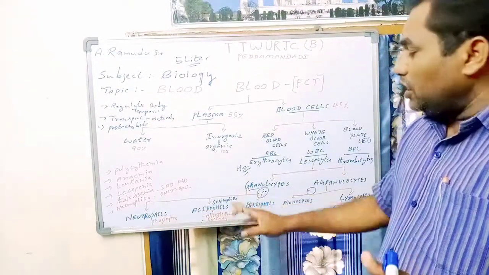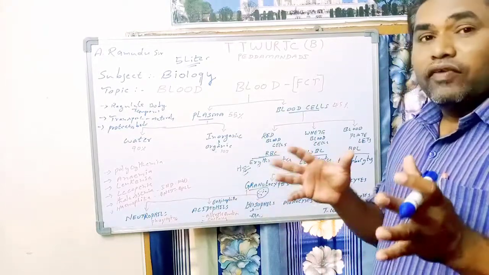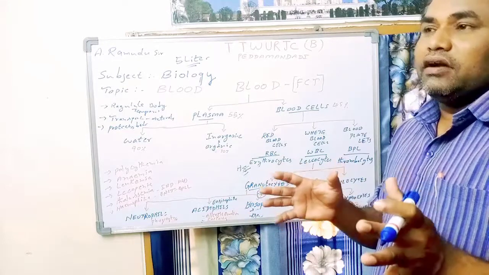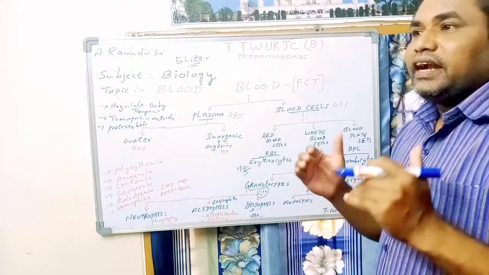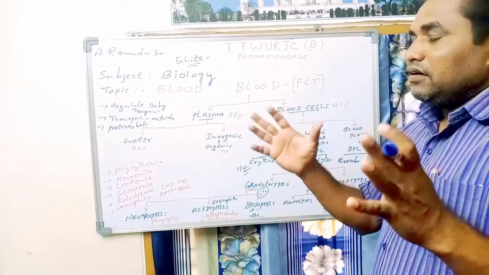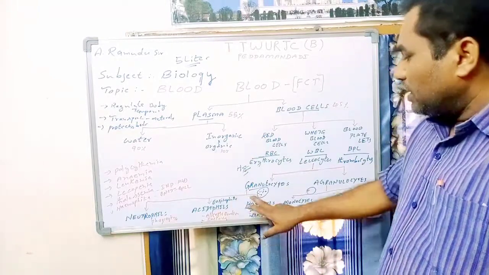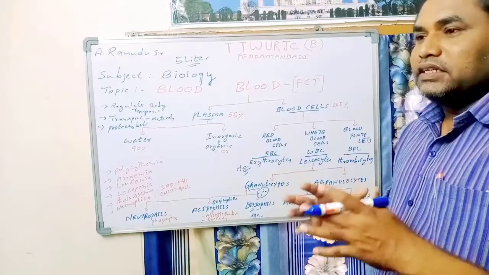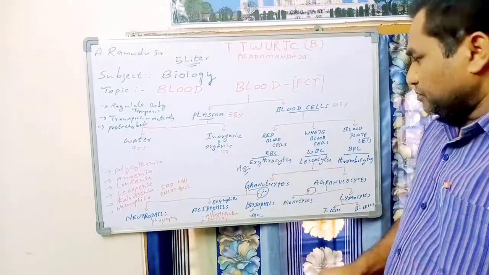Acidophils are also called eosinophils. They are more in number in allergic conditions, particularly when we have cold and cough. At that time these cells increase, and they kill disease-causing organisms. Next, basophils also participate to kill disease-causing organisms.